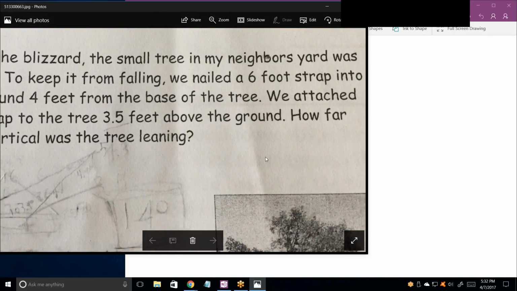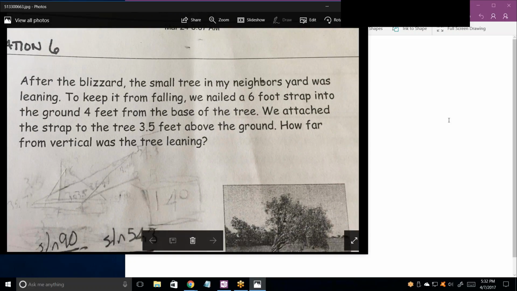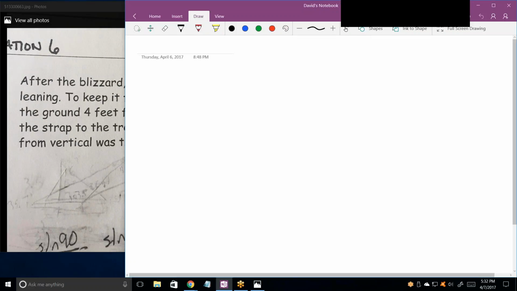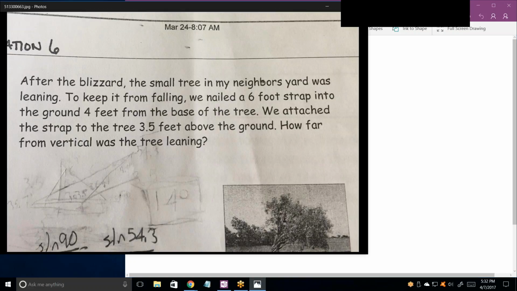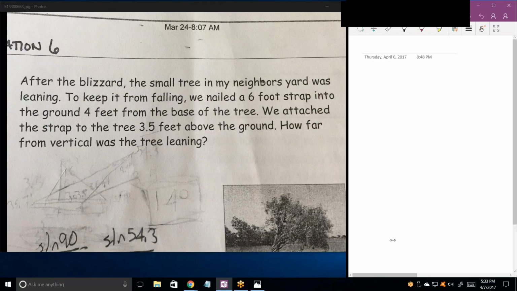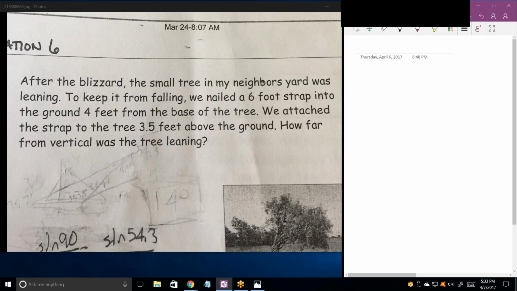Now see, this is just a triangle problem, and it's all about figuring out the paragraph. All right, so let's draw it. Hold on a second. All right, so there was a small tree that was leaning.